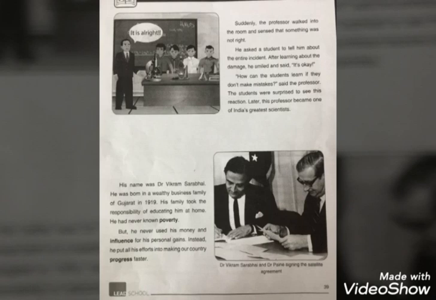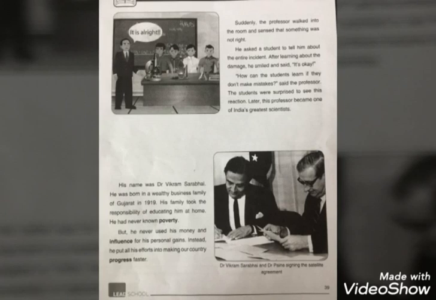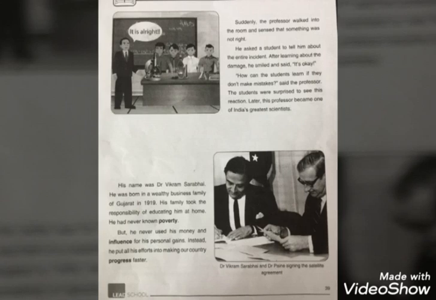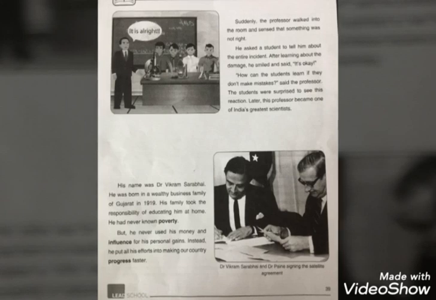So did you know, children, the Indian Space Research Organization, ISRO, is a space agency of the Government of India. ISRO built India's first satellite, Aryabhata, which was launched on 19th April 1975.